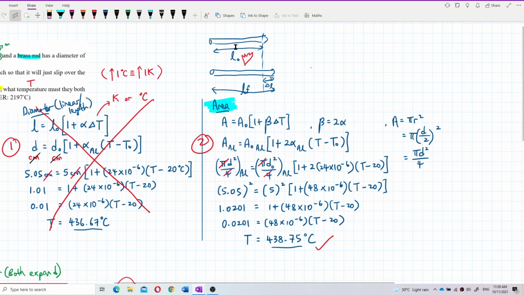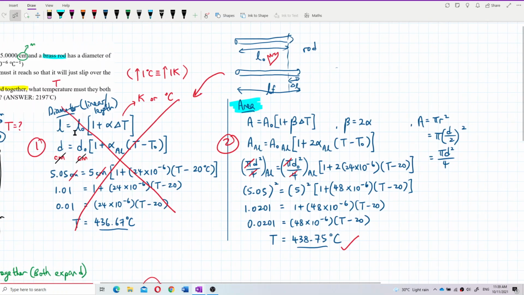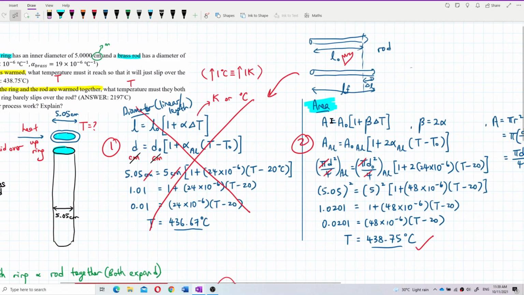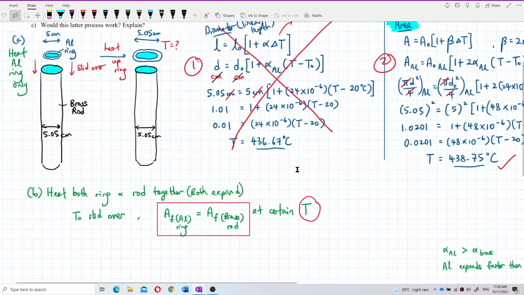So this is for length, for a rod. Then we use the length formula. But talking about diameter, don't use a linear formula. Talking about area, use the area. Don't use diameter to find it. Okay, back to this question.